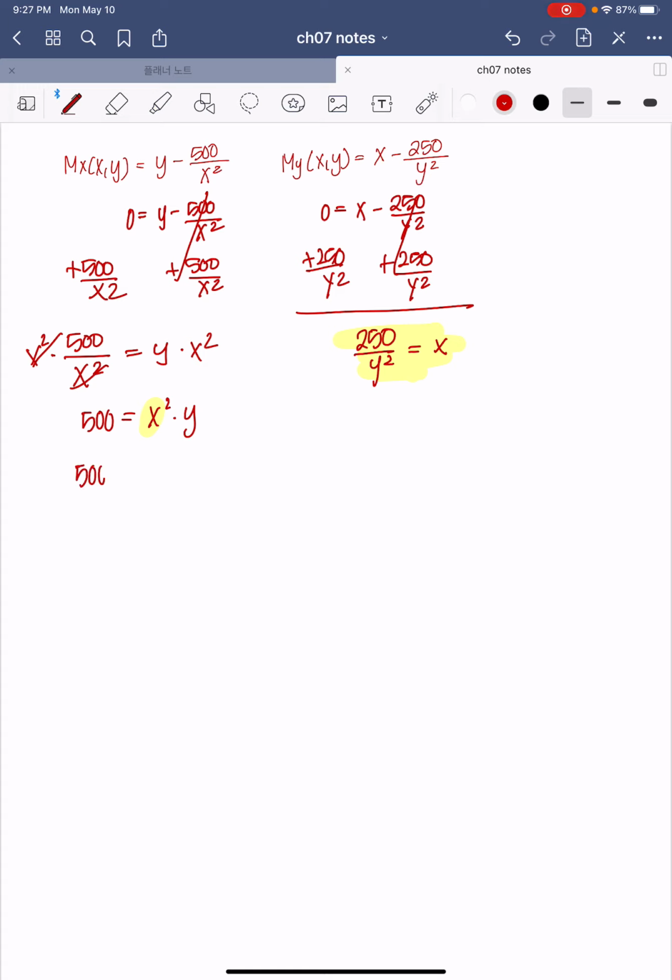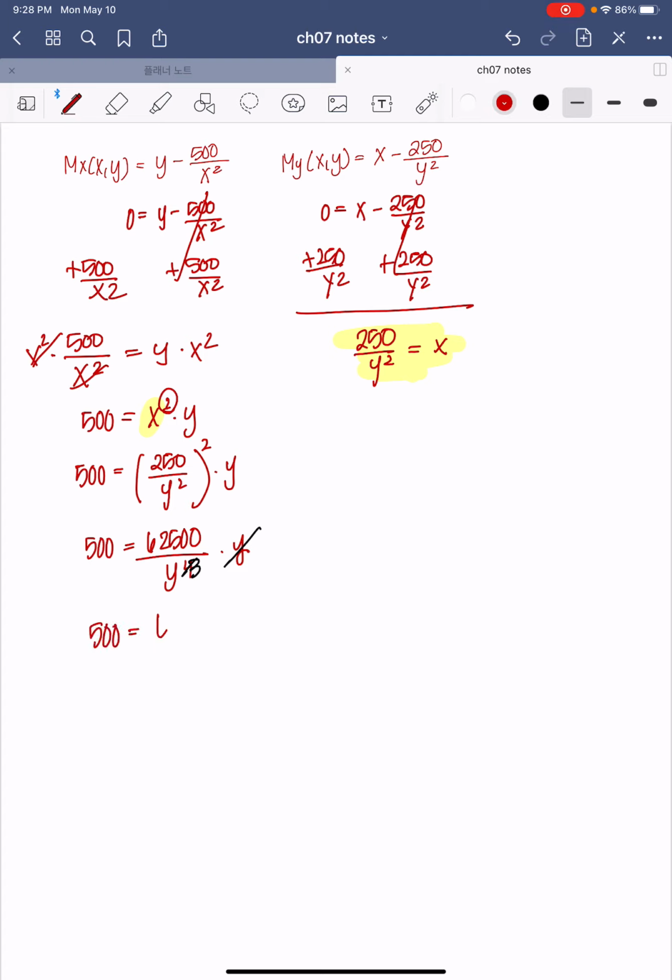So I have 500 equal to 250 over Y squared, squared, times Y. Don't forget the square. So 250 squared is 62,500 over Y to the 4th times Y. I'm going to cancel one of the Y.